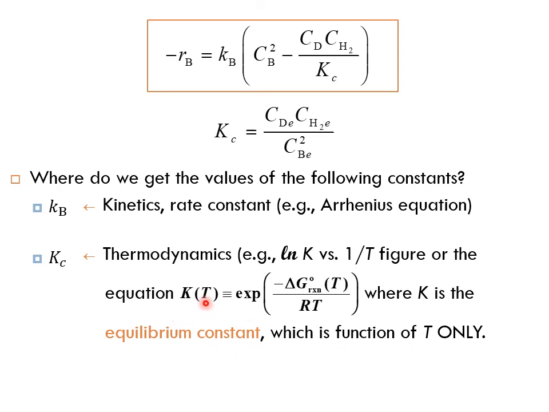How is that true? You can see here K is defined as exponential of minus standard delta G reaction at temperature T divided by RT. So the whole right hand side is a function of temperature only, because regarding delta G reaction, when you say standard, that means you have already specified the pressure, which is the standard pressure, 1 bar, and that you have already specified that these calculations are based on the properties of the pure species.